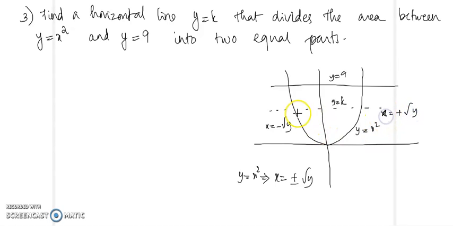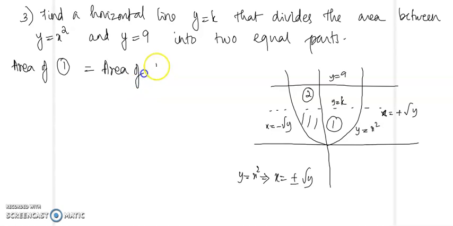So let us take the region 1 and region 2. So area of 1 must be equal to area of 2. So when you look at area of 1, you have curves on the right and left side.